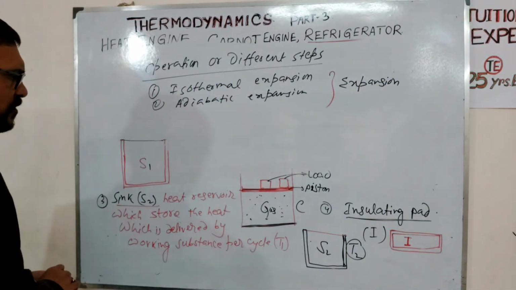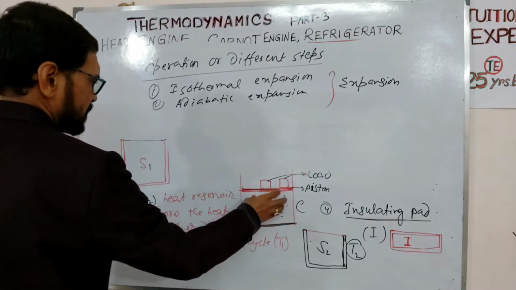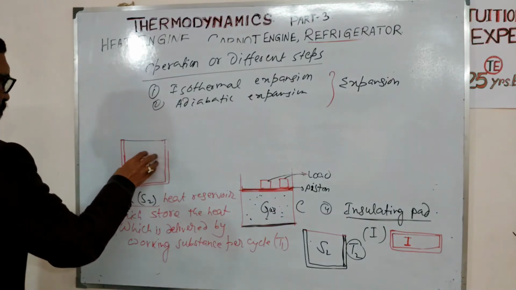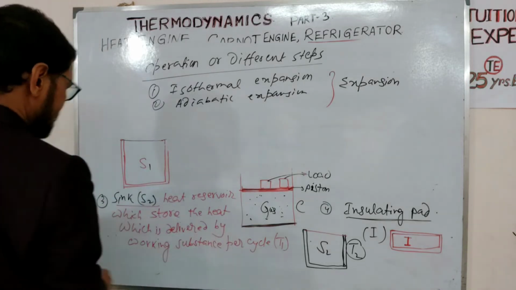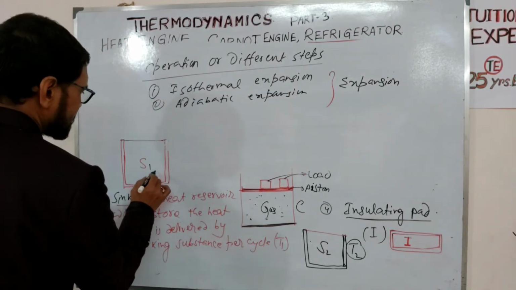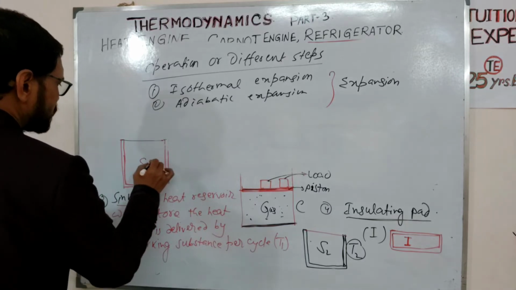Now what happens? This cylinder and piston is placed within the source so that the heat can enter into the gas. Source means heat is produced here.